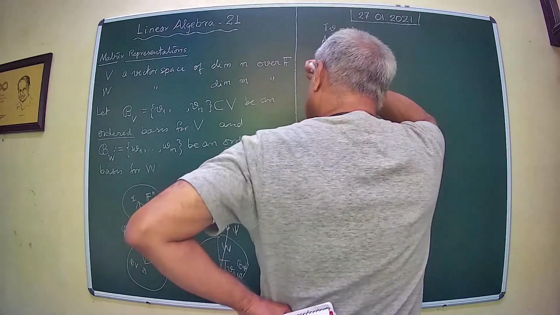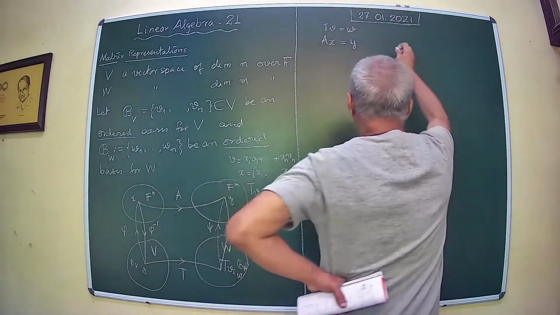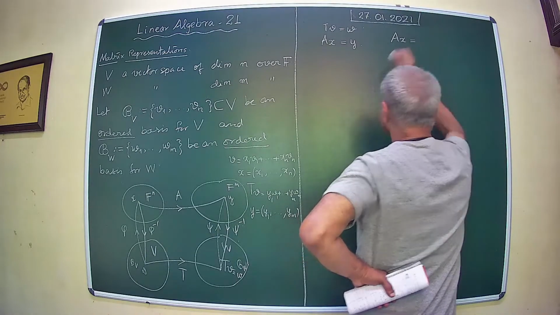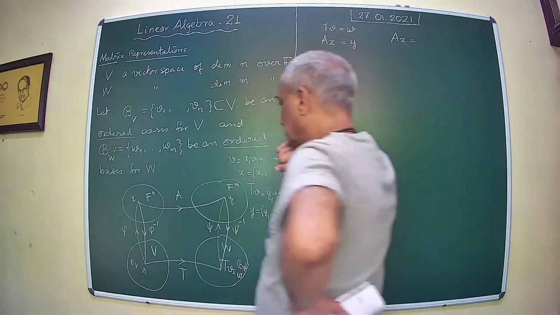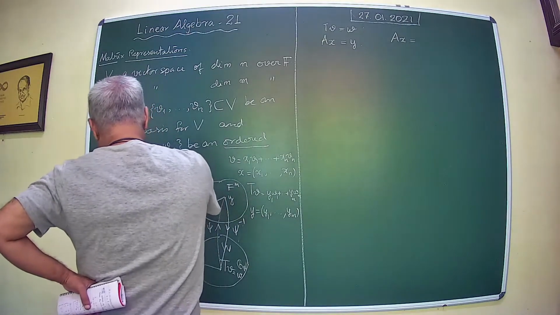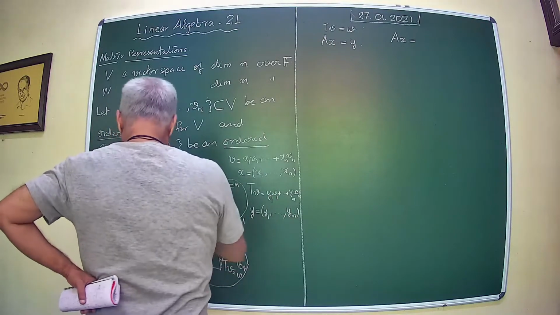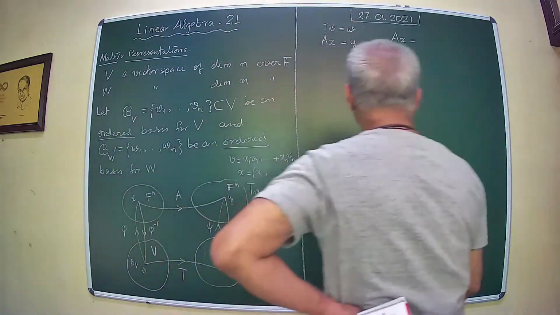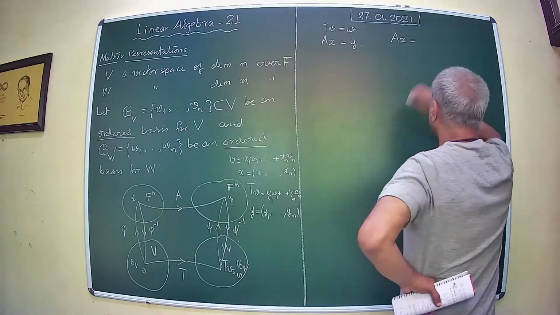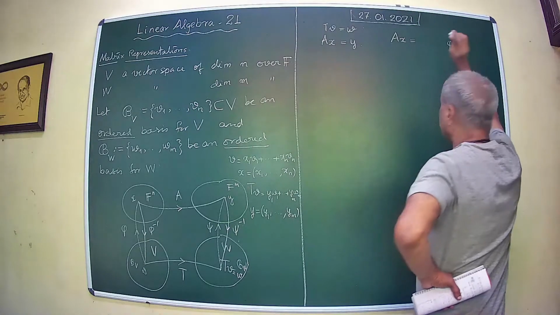Now you see that A of x I can write as what? See, I can go from Fn to Fm through another route. And what is that route? If I apply phi inverse of x, I get v.